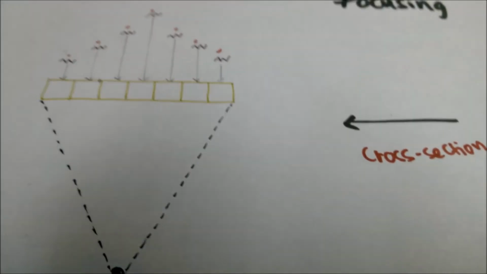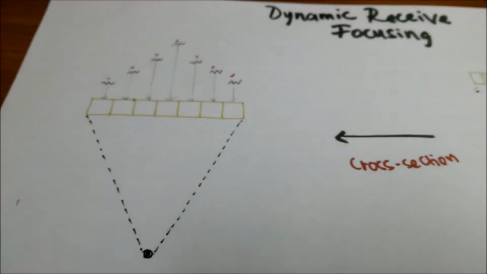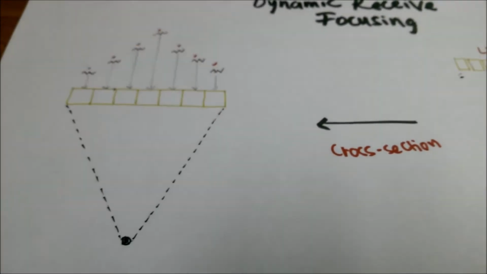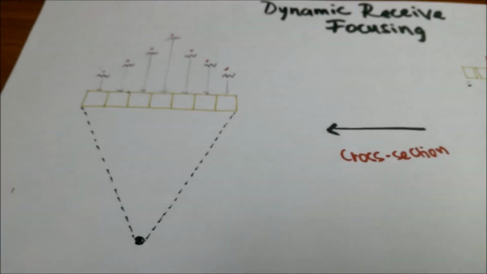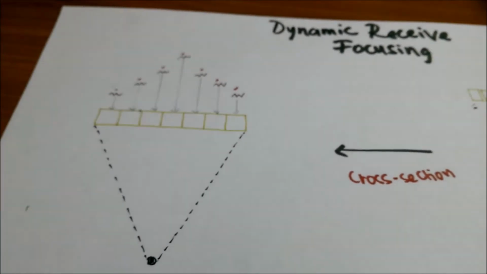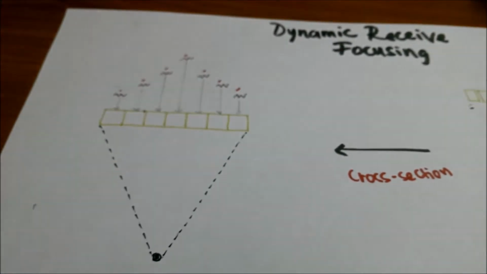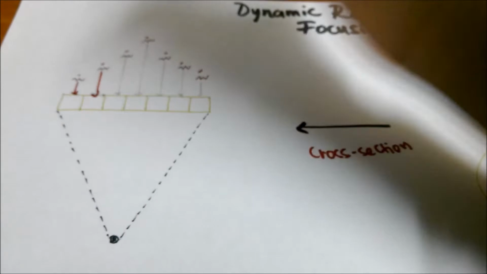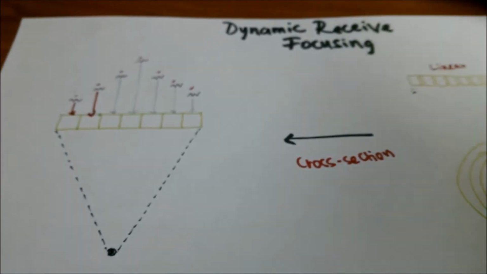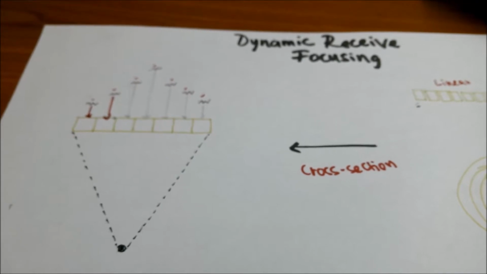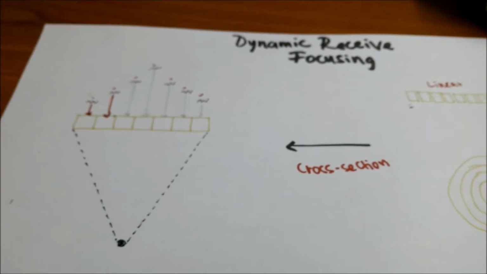Receive focusing is also known as dynamic receive focusing. Receive focusing is electronic focusing of the received echoes. It is achieved by electronically delaying the returned signals depending on their depth. Time delays during reception are applied to the electric signals from the transducer to the ultrasound system.